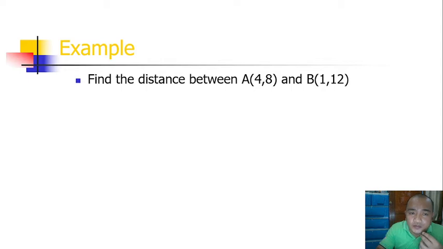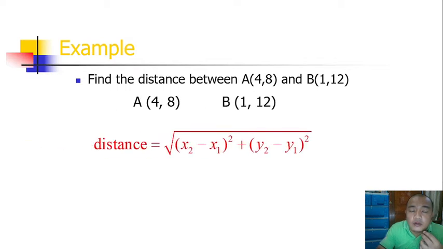Sample number 1. This is just a review. Find the distance between point A with the coordinates (4, 8) and point B with the coordinates (1, 12). Using the distance formula, let us now solve.